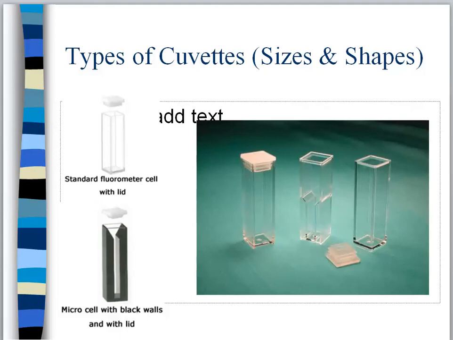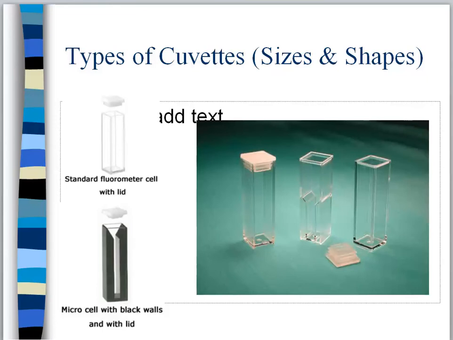This is a picture of the cuvettes that we have in the laboratory. They come in all shapes and they come in all sizes. This would be kind of the normal cuvette right here. So 1 centimeter wide, and your sample is poured into this rectangular shaped sample holder, and the plastic pieces just snap on top and they serve as a lid.